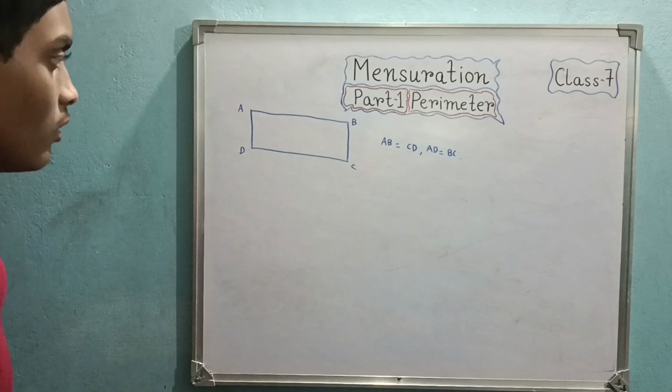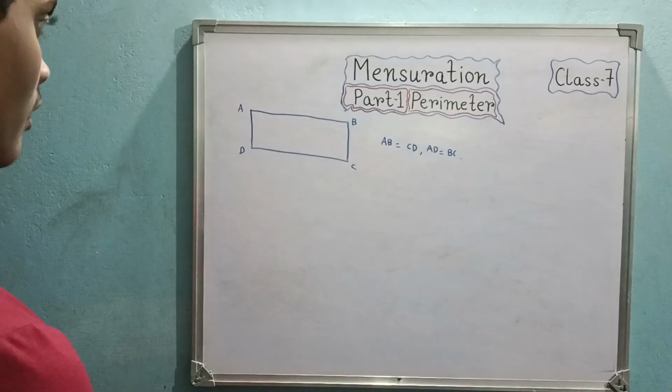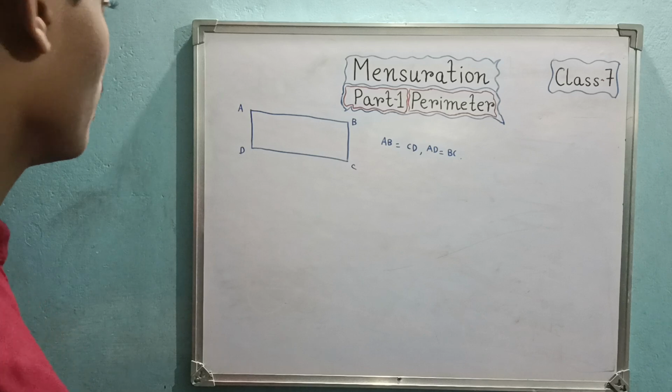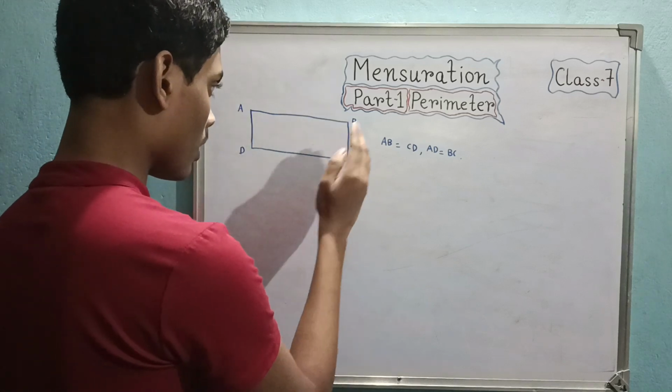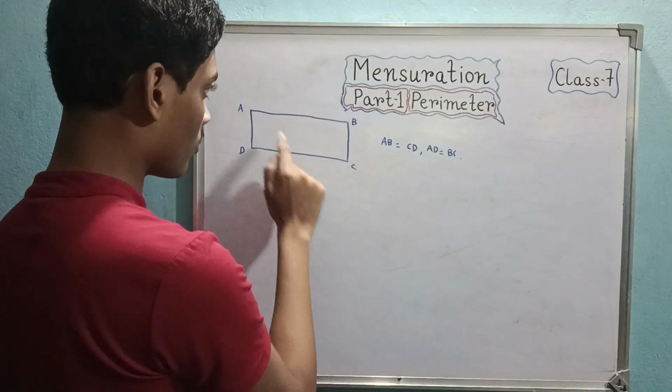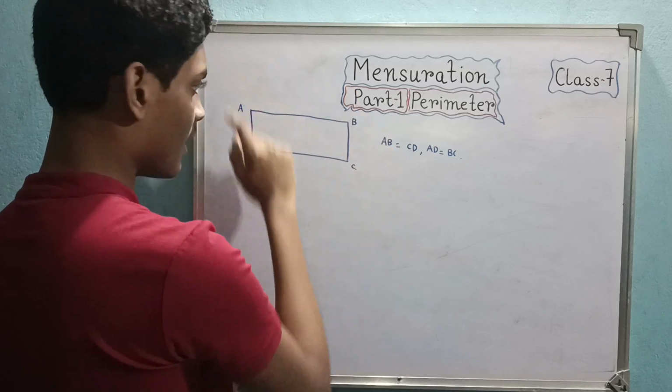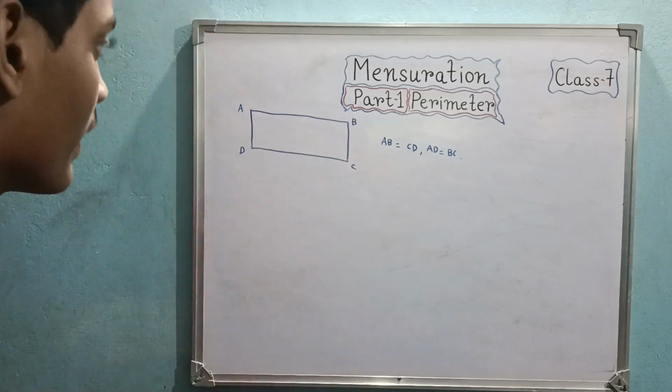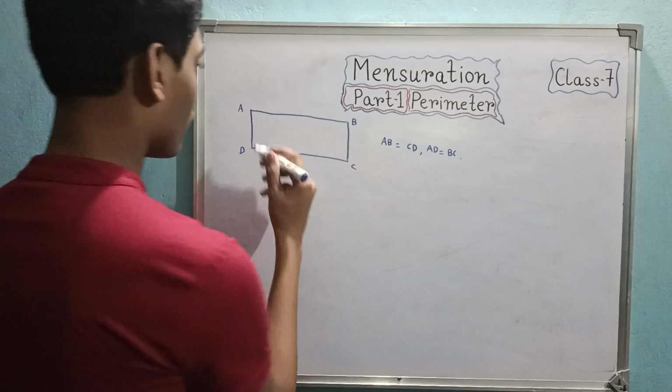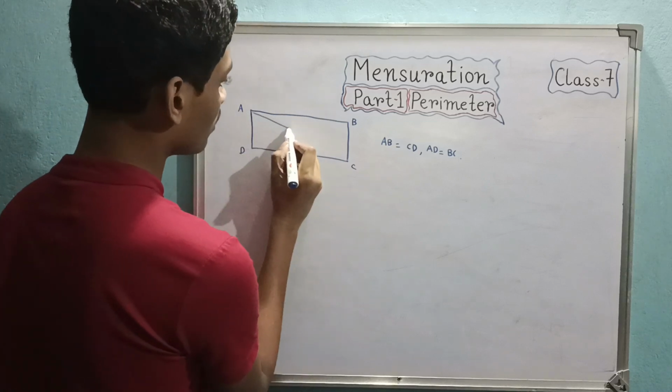So these are the things that you have to consider while making a rectangle. Two opposite sides will be equal; see, these two opposite sides are equal, AB and CD, and BC and AD are also equal. Now we also have a diagonal.